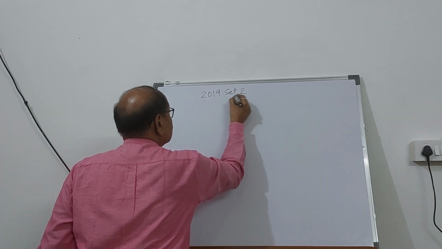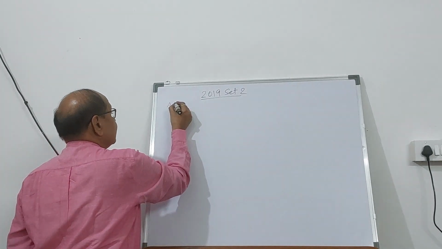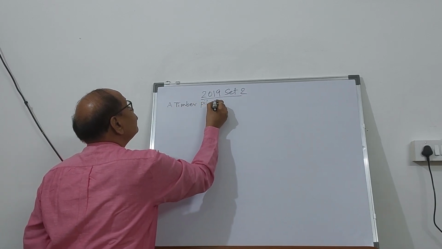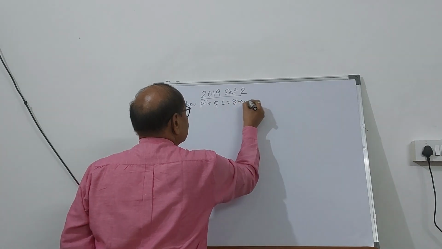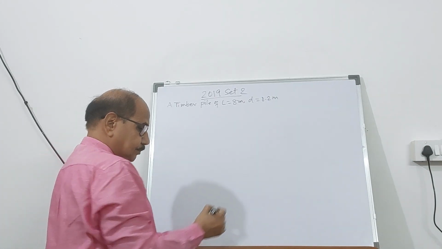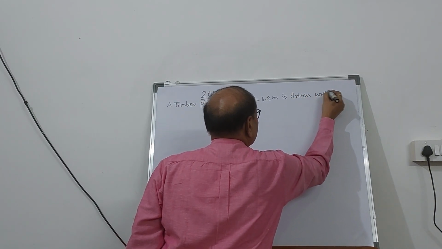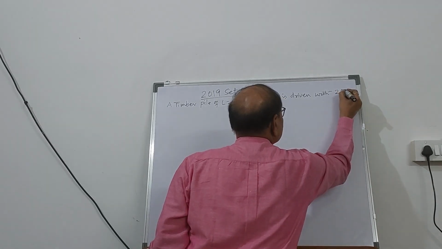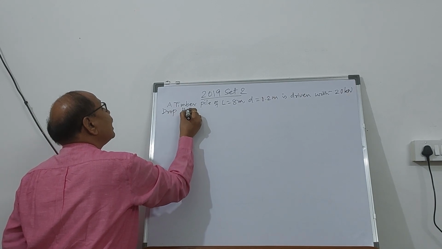2019, set 2. A timber pile of length L equal to 8 meter and diameter D equal to 0.2 meter is driven with a 20 kilonewton drop hammer.